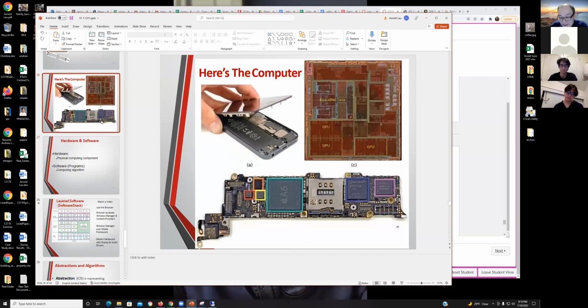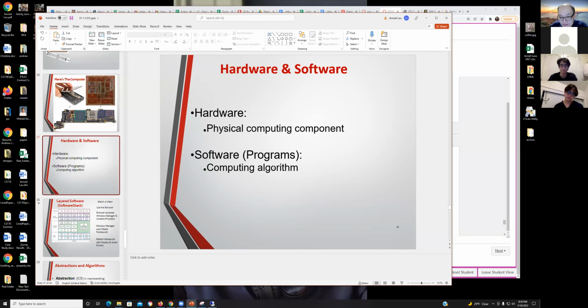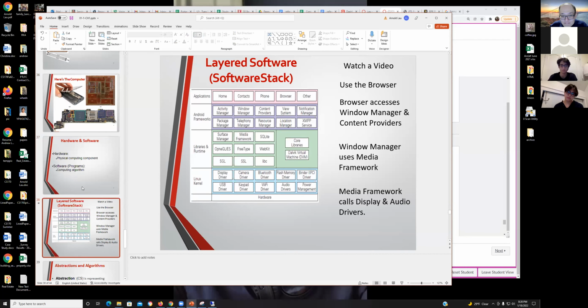Otherwise, if you don't have the software, then you just have, in this case, some plastic, right? It doesn't do you much good at all. So the software is really what provides, and in this case, algorithm is the important word here, what tells the hardware to do something useful for you as a user or a consumer.